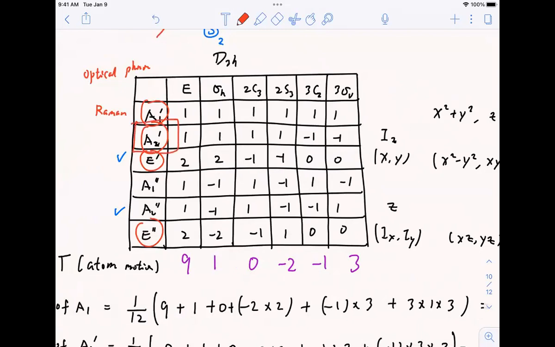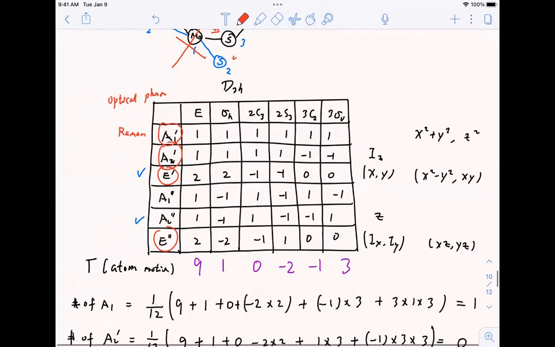This one, infrared or Raman? There's nothing. That means it's not infrared active, not Raman active. So this is what we call the silent mode. That means you cannot see it at all. You measure infrared, it's not there. You measure Raman, it's not there. So this is a silent mode.